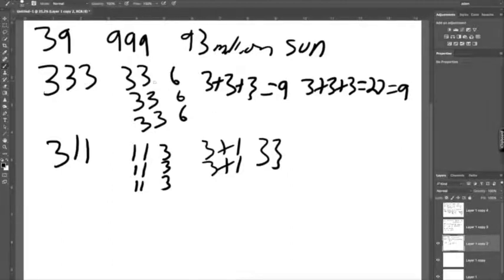We also could do that here. 3 times 3 is 99. 3 times 3 and 3 times 3. 3 times 9 here is 27, which equals 9. Everything goes back to 9. Okay?